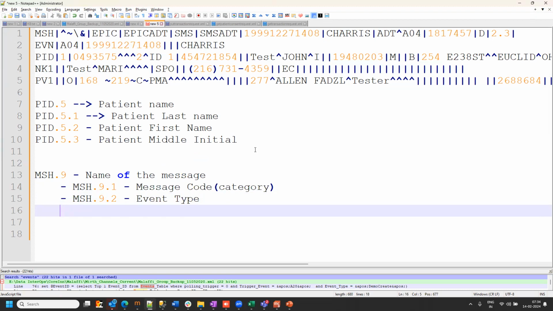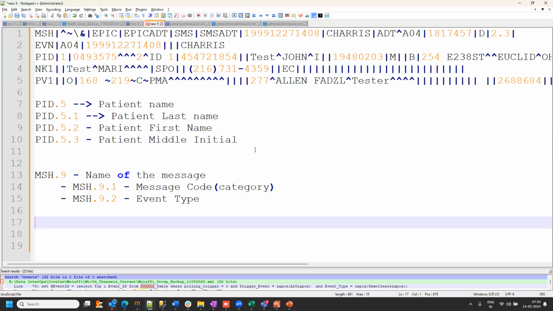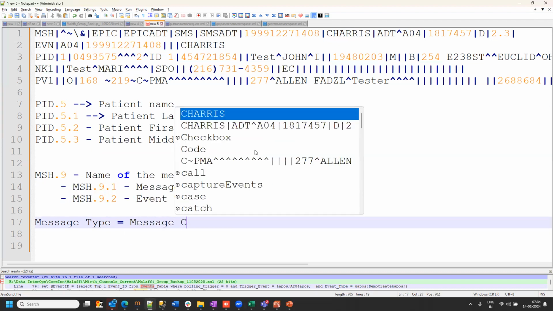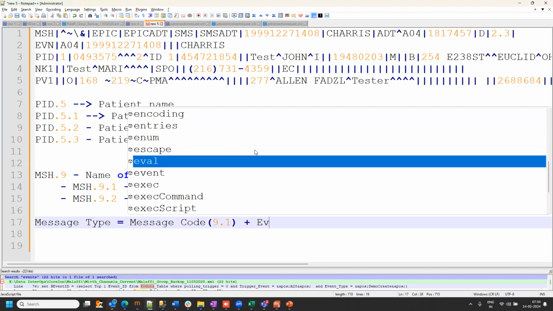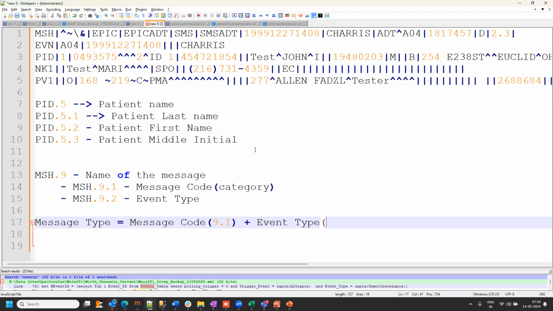Finally, we call this message type. MSH9 is called message type, and this is nothing but a combination of message code, which is 9.1, and then you have your event type, right? So 9.1 and 9.2 combined, they are called message type. Okay, and it is relaying us very important information on what kind of trigger it is.